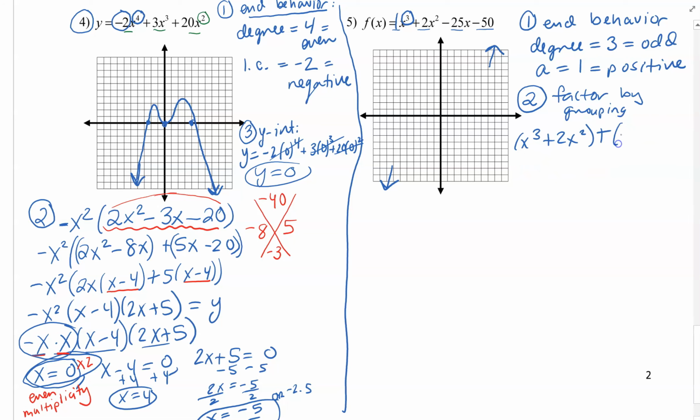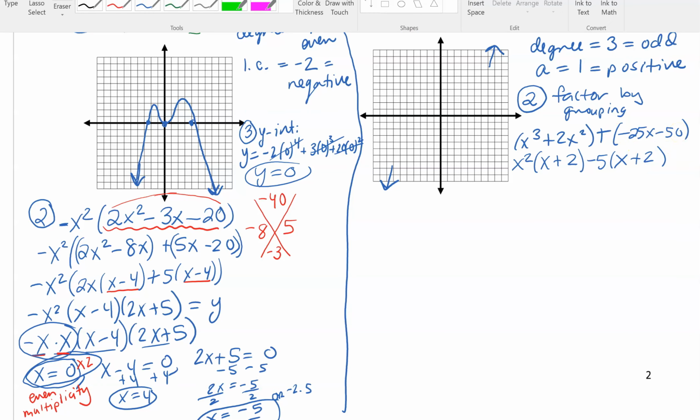So I have negative 25x minus 50. Then I look for the GCF of the first 2 terms and factor that out. So that's x squared, and I get x plus 2 left over. Then I look for the GCF of the last 2 terms, which is negative 5, and I get positive x and positive 2 from that pair.